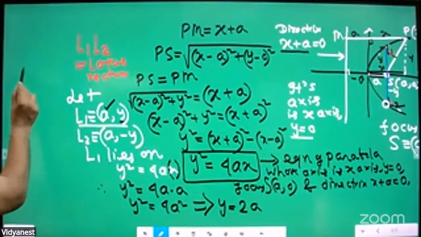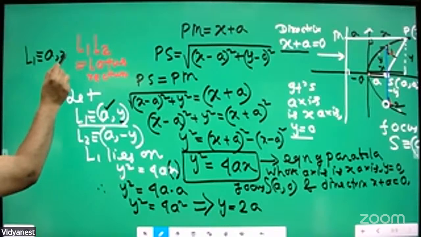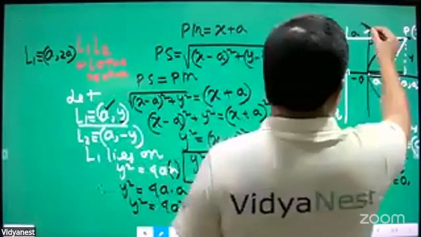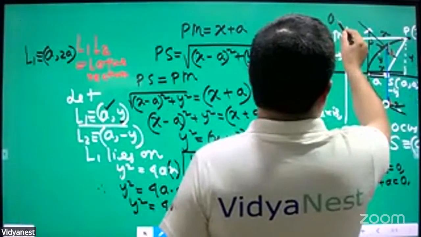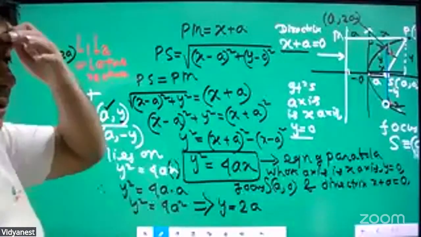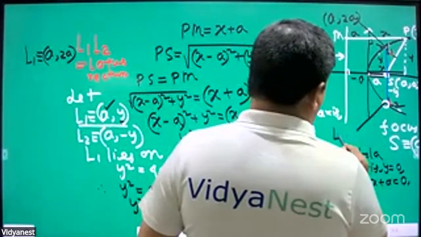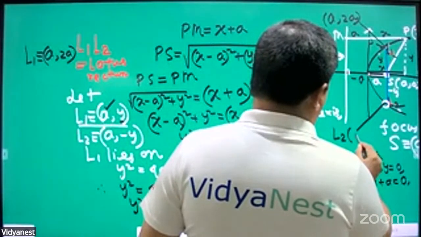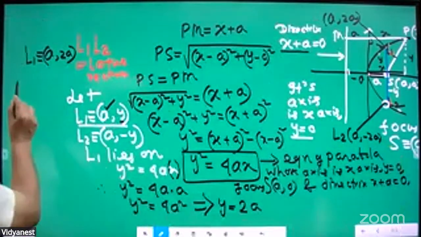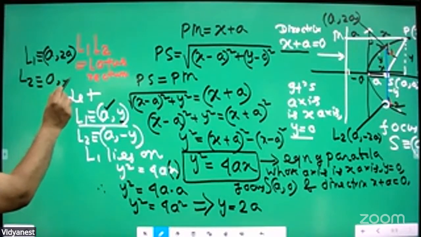So L1 we have got a comma 2a, the extremities. Okay, and L2, therefore, the image, is a comma minus 2a.